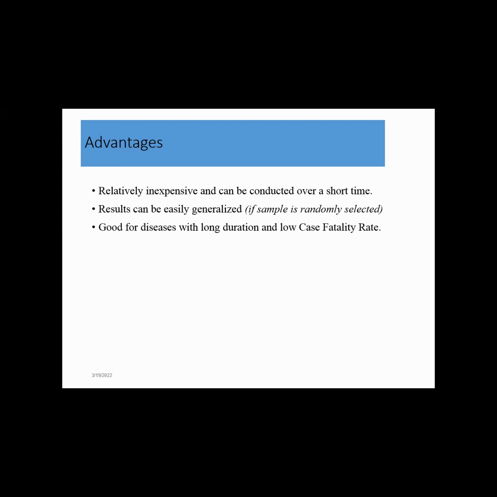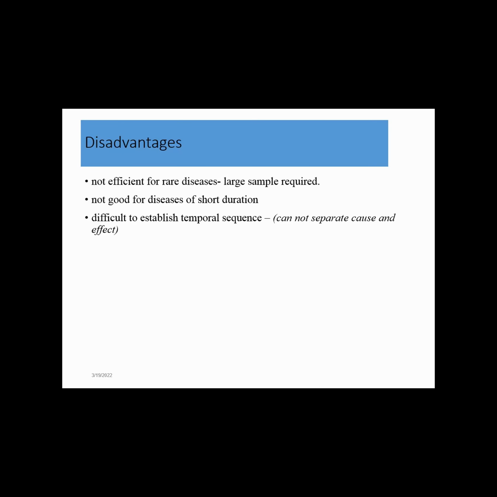Let's continue, please. Then let's look at the disadvantages. It is not efficient for rare diseases where large samples are required. Then it is not good for diseases of short duration, whereby you can miss out on the characteristics of such diseases.